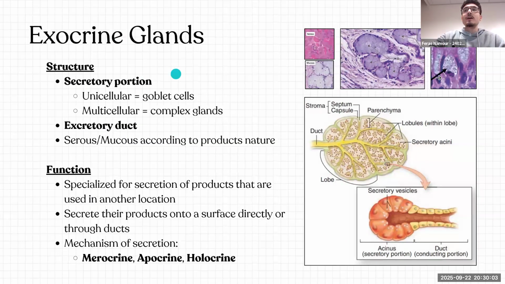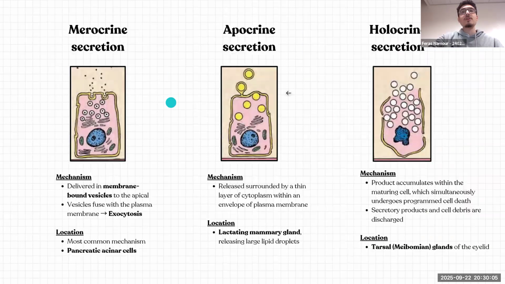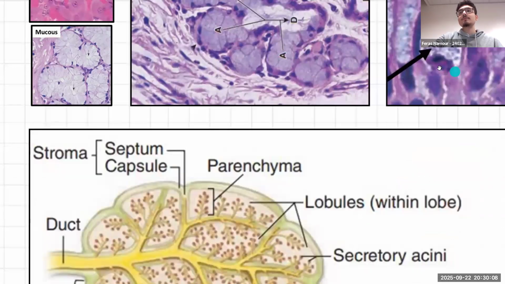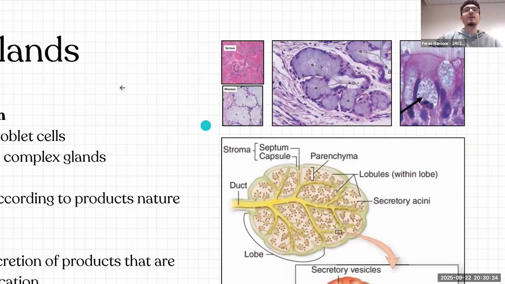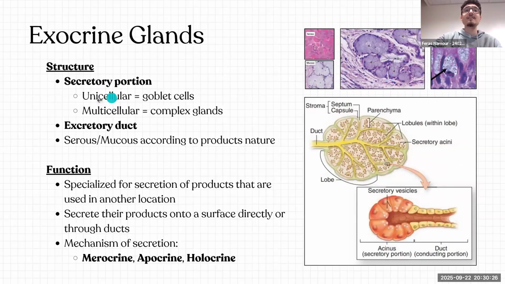Now the secretory portion can either be a single cell with its duct, or multiple cells, 1, 2, 3, 4, 5, all secreting into the same duct, pushing my secretions out. So we're going to call my goblet cell here a unicellular gland, and my complex sweat gland here a multicellular gland.